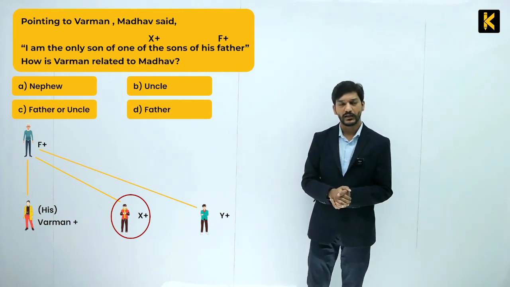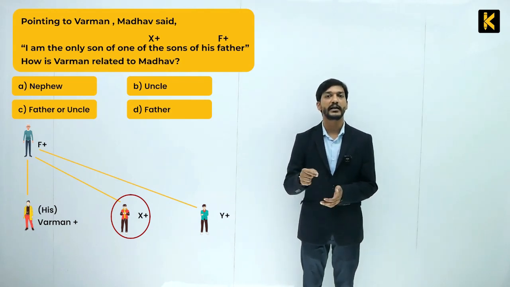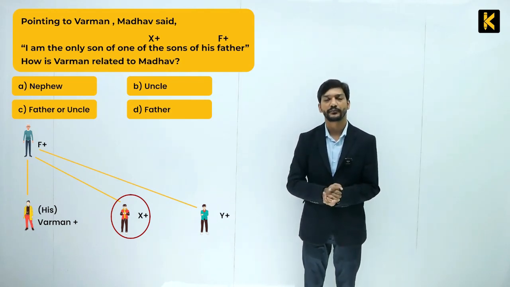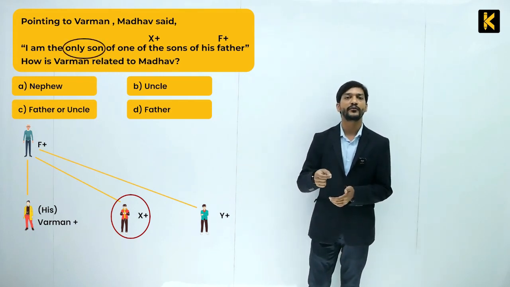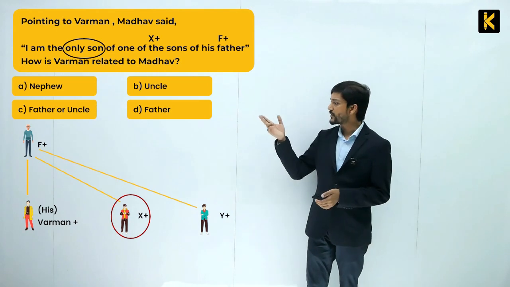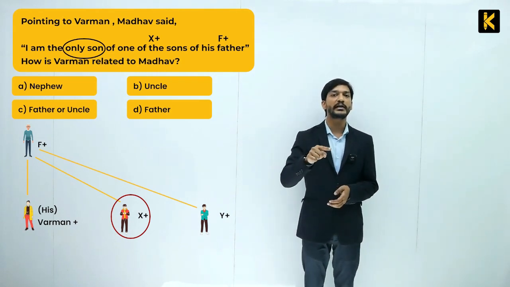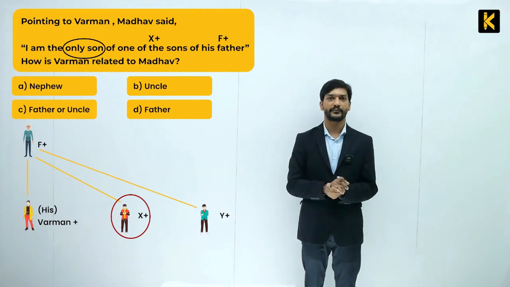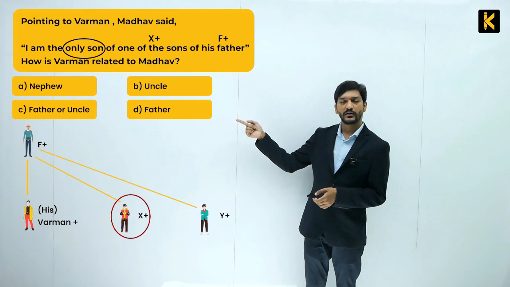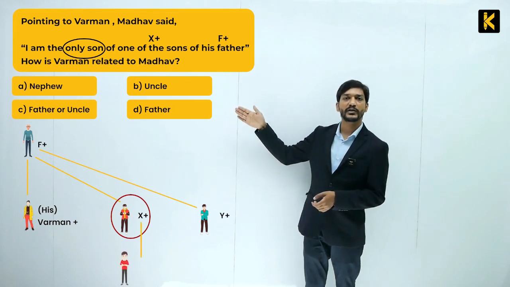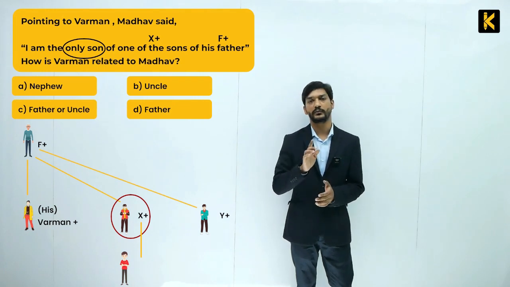Now again, go back in the statement please. What is the next person mentioned now? If you read carefully, it is only son of one of the sons. One of the sons I have taken as X. So now I have to draw only son of X. Only son of X will be 1 generation below.